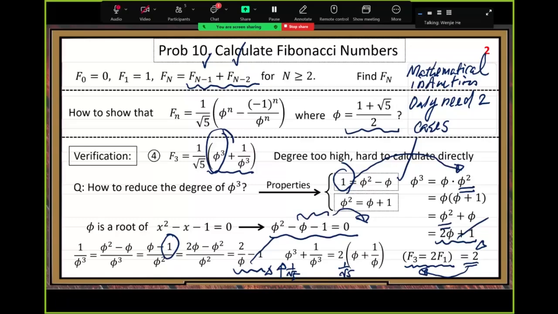Before the midterm, I will not give you such questions. I will delay simplifying expressions with the golden ratio until after the midterm. In homework assignment number 2, I will give you a few questions where you need to simplify golden ratio expressions using these 2 properties.